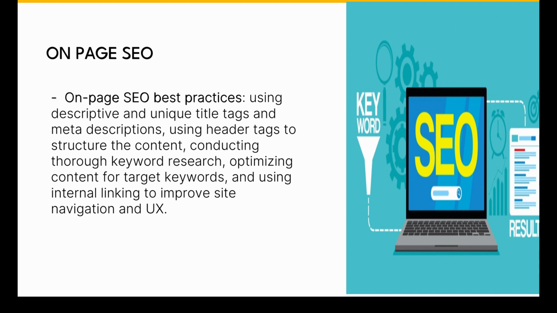And then we have on-page SEO best practices: using descriptive and unique title tags and meta descriptions, using header tags to structure the content, conducting thorough keyword research, optimizing content for target keywords, and using internal linking to improve site navigation and user experience. So this is in a nutshell the already explained points.